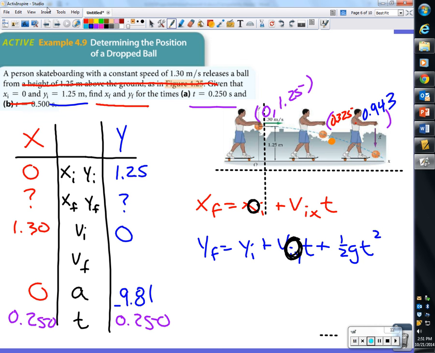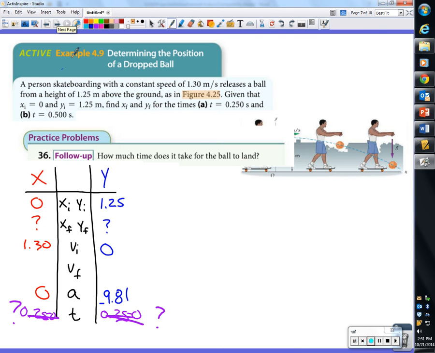So here, right, y final is no longer an unknown, it's actually 0. None of the rest of the things change though. Okay?